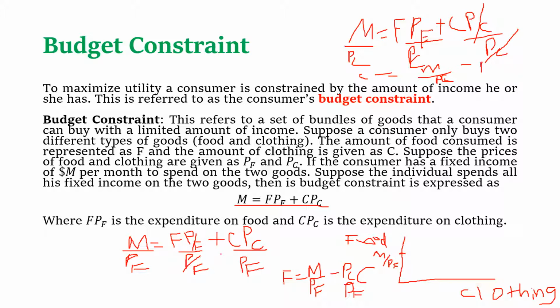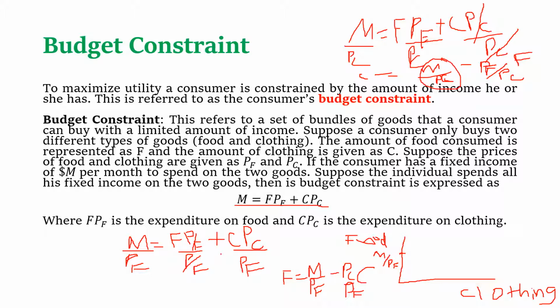minus PF over PC, F, right? So you see this whole M over PC represents what?